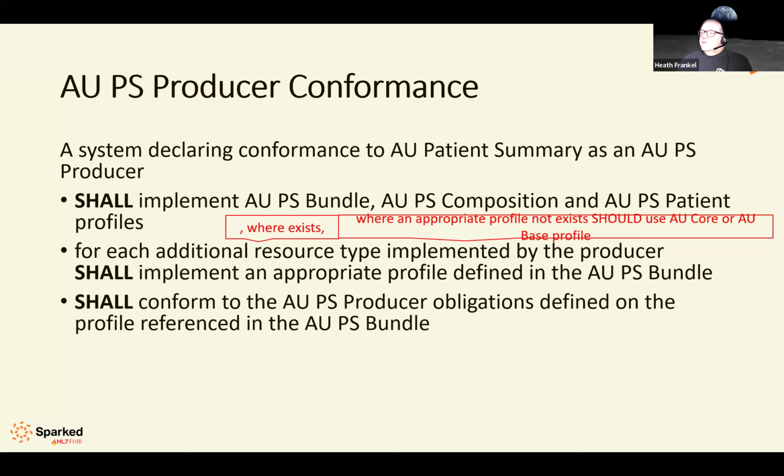If there is no IPS, but there is an AU core one that we reference from AUPS, then we need to abide by those obligations. And if there's only an IPS profile and no AU core profile, then I think that's the next dot point.